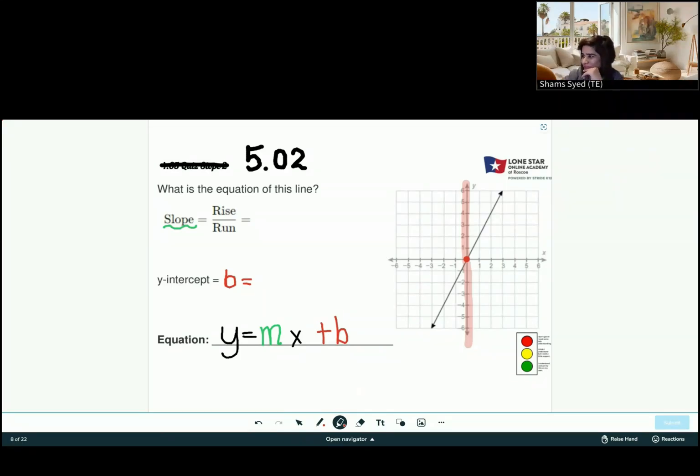The black line and the red line meet at 0. So the y-intercept is 0. Too thick of a pen. The y-intercept is actually 0. It is a proportional graph because the y-intercept is 0.